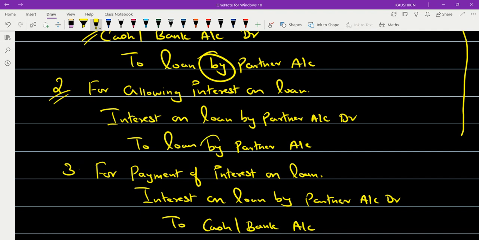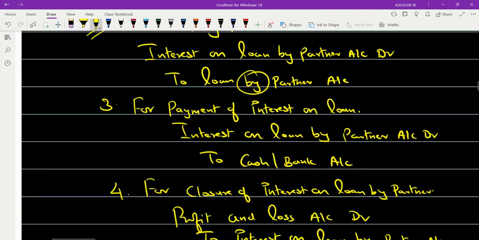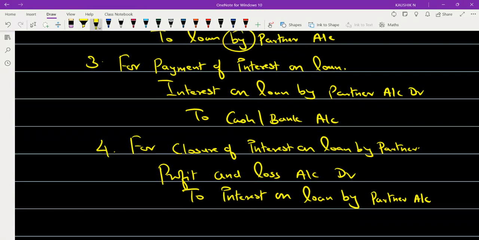We are dealing with loan by partner account, so you take the interest to the credit side, marking it as by interest on loan by partner 5,000.